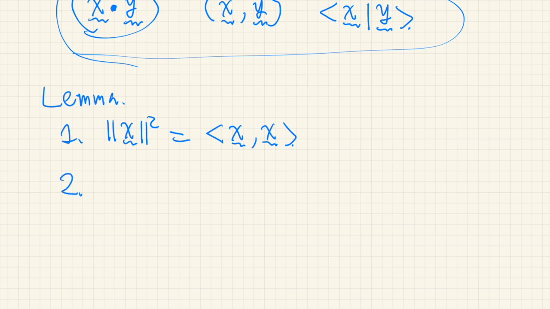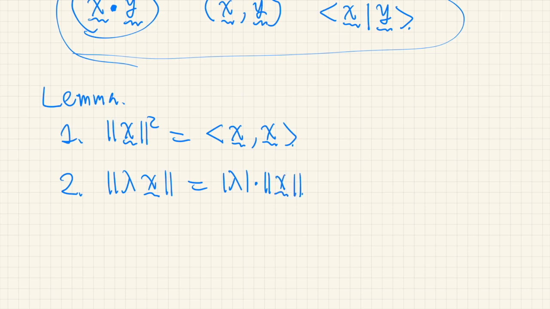And second, for any scalar lambda, if we multiply a vector by lambda and take the norm of it, then the result is the absolute value of the scalar times the norm of the vector.